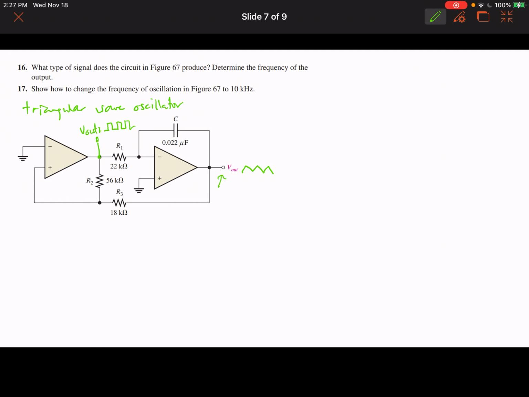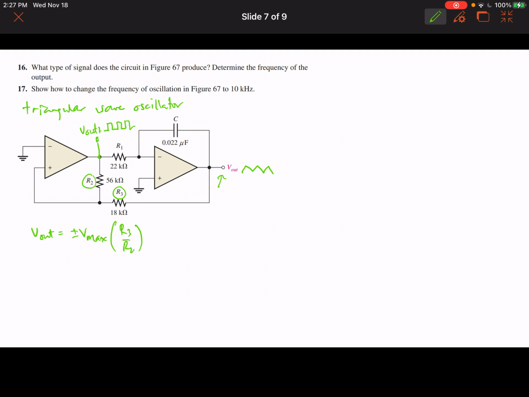The output of that is given by this expression, plus or minus Vmax times R3 over R2, where R3 and R2 are these two resistors here. These define the amplitude of the output voltage, depending on what the value of Vmax is.